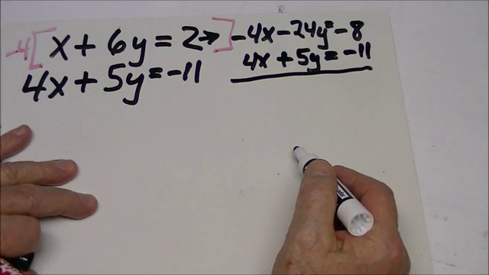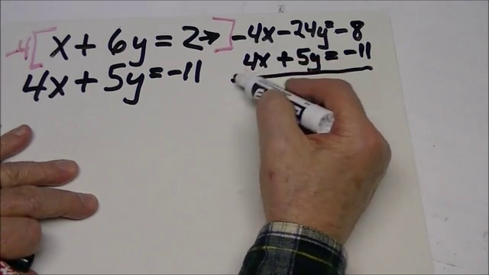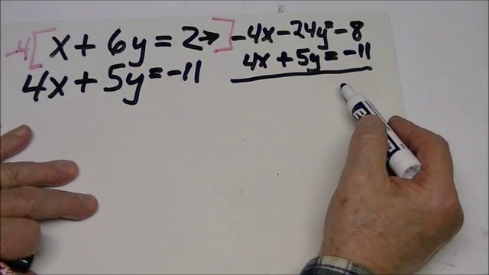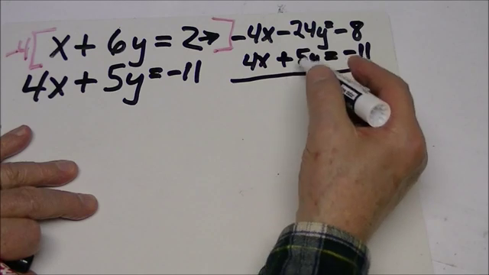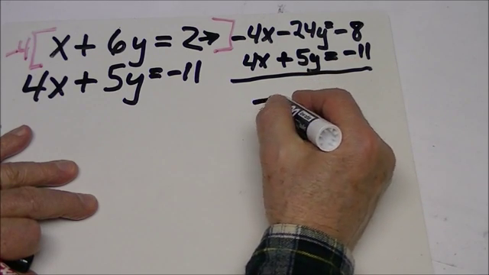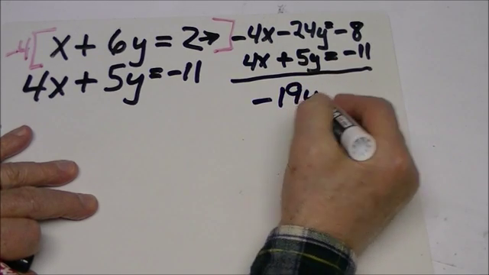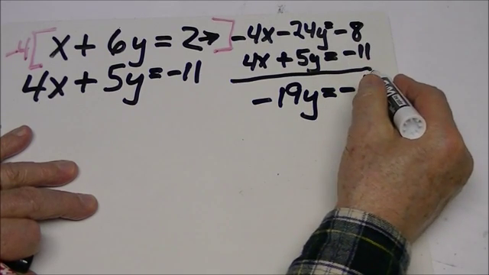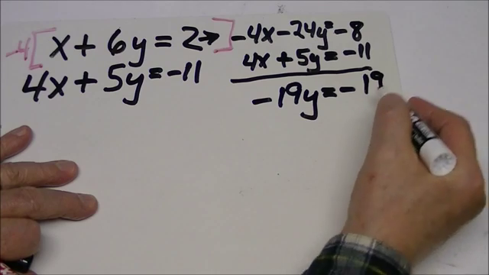So now, when I put my line and I add up my like terms, here the x's cancel out, and here I'm left with a negative 19y equals a negative 19.